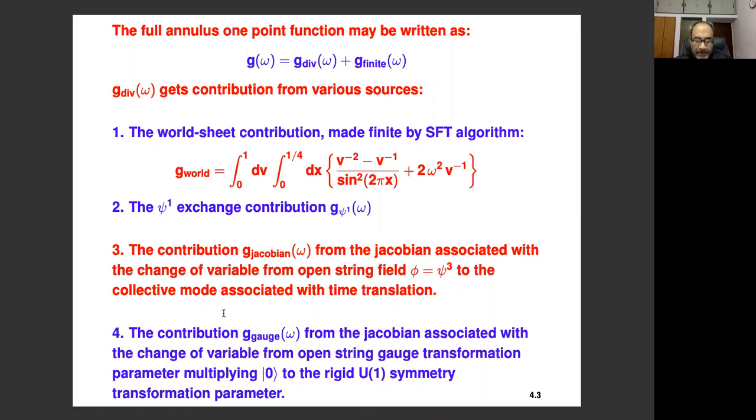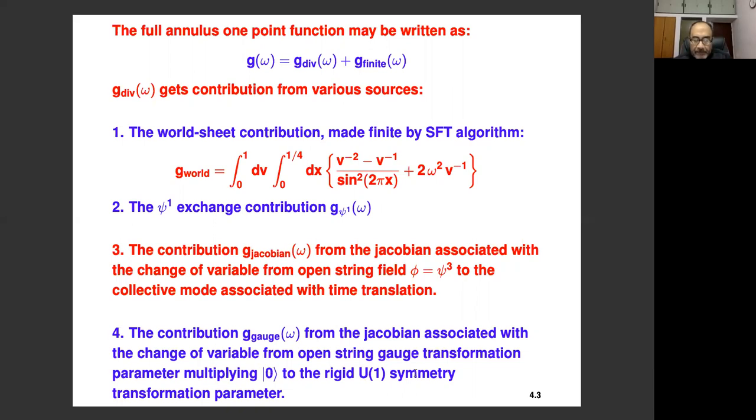And then finally, there is another Jacobian, and that comes from the redefinition of the gauge parameter. So to begin with, we have in the denominator a division by the volume of the gauge group, but that is expressed as an integral over the open string gauge transformation parameter, because as far as string field theory is concerned, it knows about the gauge transformation parameters in string field theory.